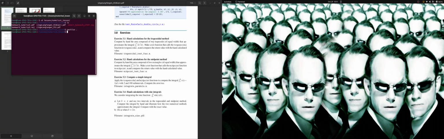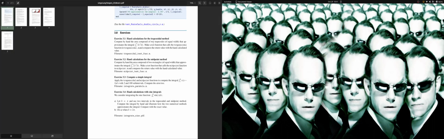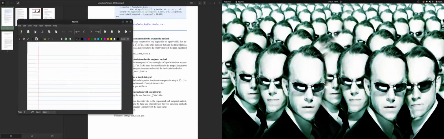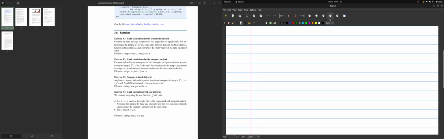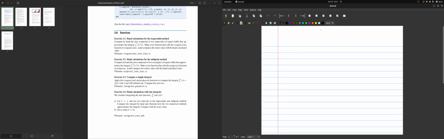What is a trapezoidal function, to be honest? So let me show you what the trapezoidal method actually is.